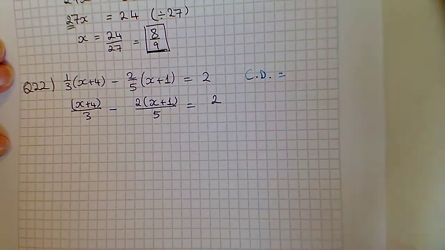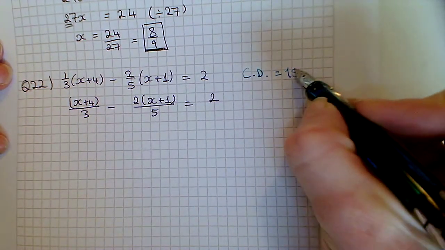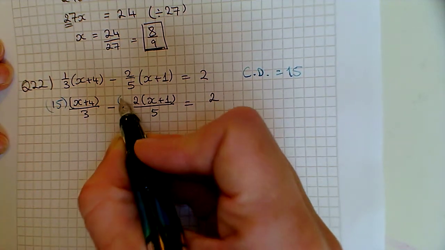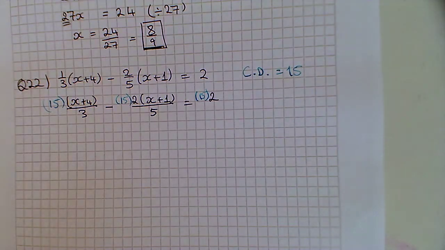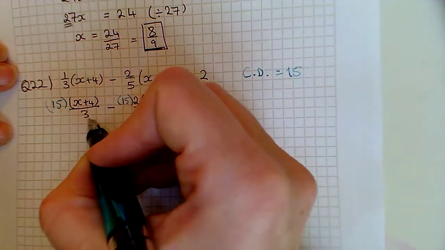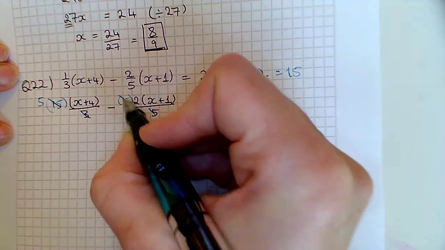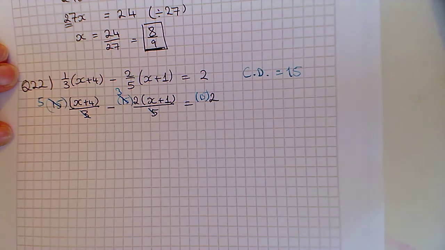My common denominator then, I'm looking for the smallest number that both 3 and 5 will divide into, and that is 15. So I'll multiply here by 15, here by 15, and here by 15. 3 goes into 15 5 times, 5 goes into 15 3 times, and nothing divides in here.